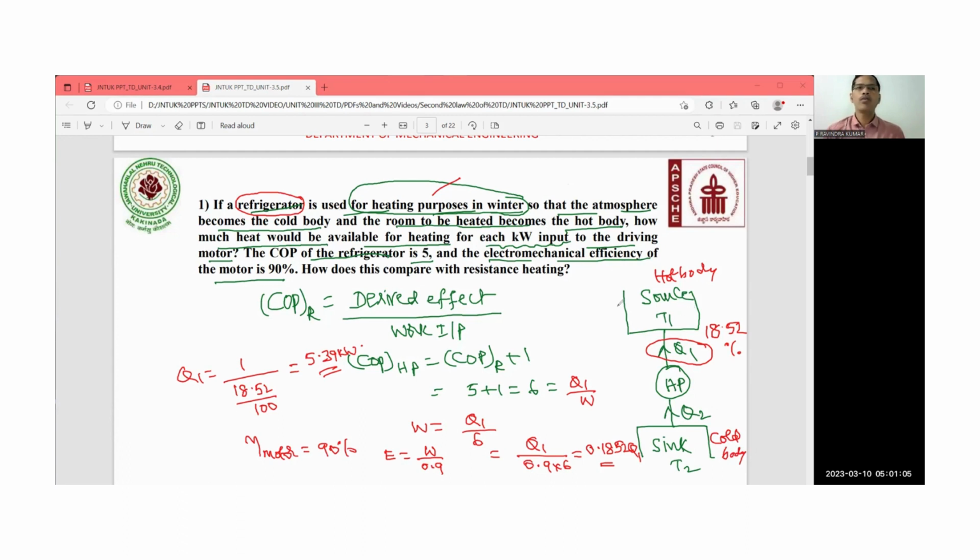How much heat would be available for heating for each kilowatt input to the driving motor? So the problem is to be solved in this way.